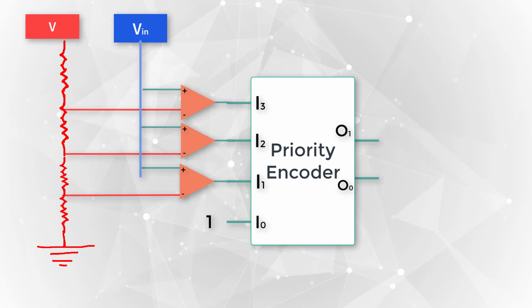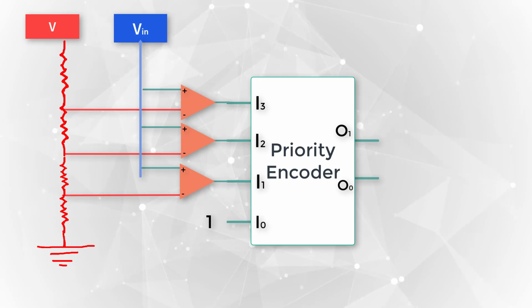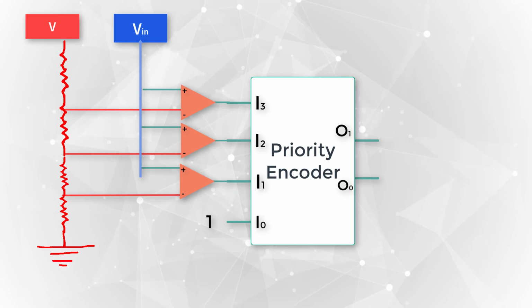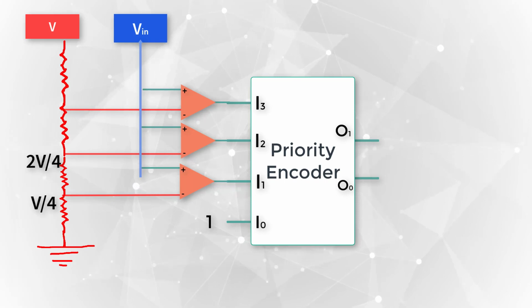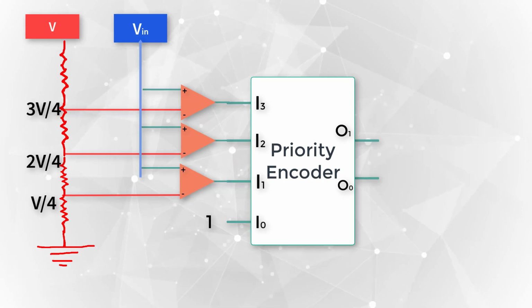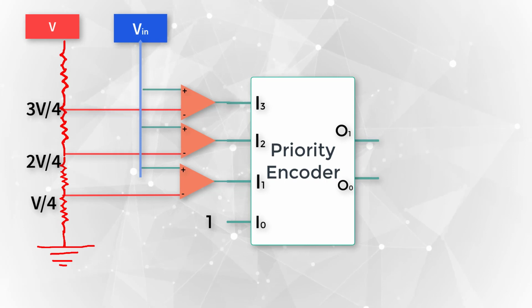After applying the voltage division law for series connected resistors, we have the following reference voltages for op-amps. Starting from the bottom, op-amp 1 has a reference voltage V by 4, op-amp 2 has 2V by 4, op-amp 3 has 3V by 4. Here V denotes the reference voltage.